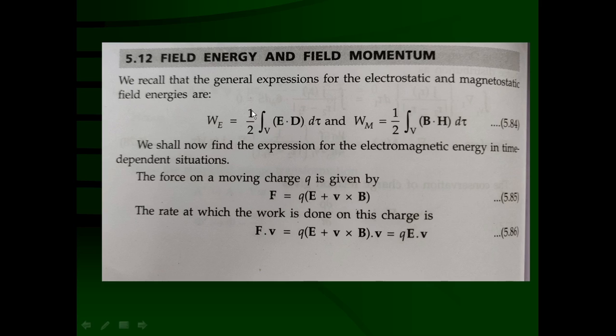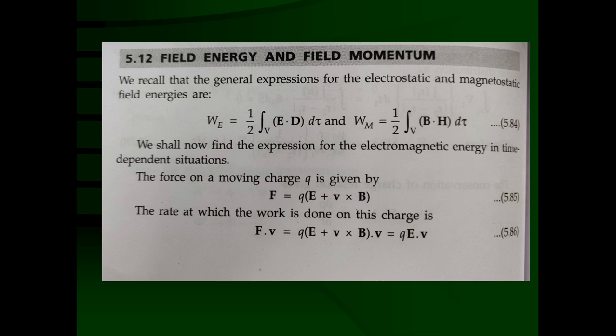This is the electrostatic energy inside the static electric field, and Wm is the magnetostatic energy in the static magnetic field, independent of time: 1/2 volume integration of B dot H d tau. So equation 5.84 represents the electrostatic as well as magnetostatic field energies.